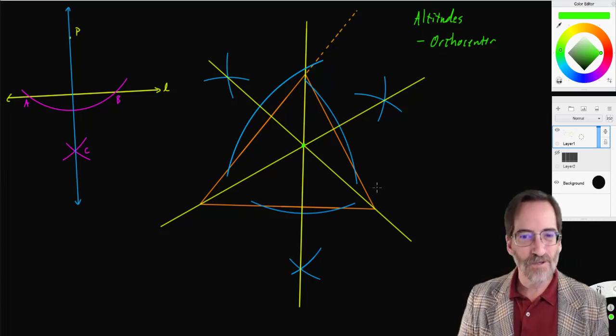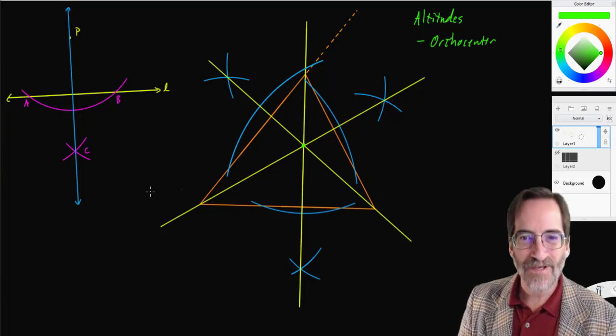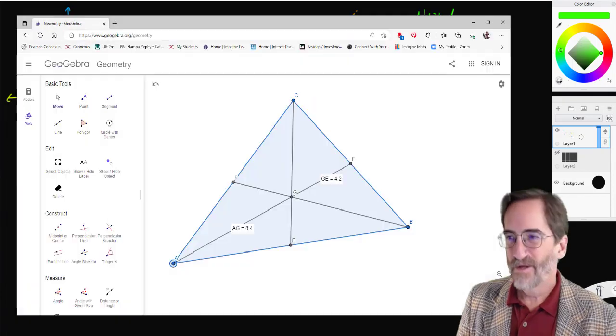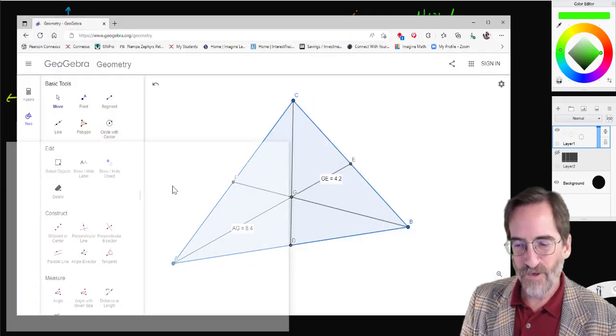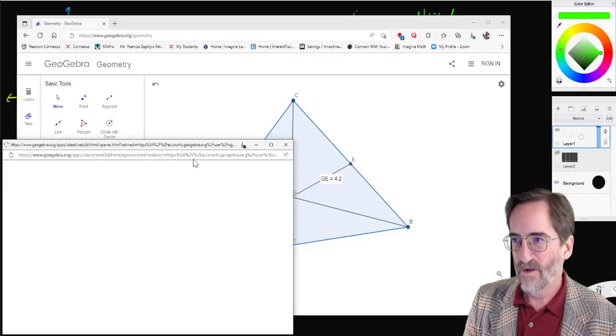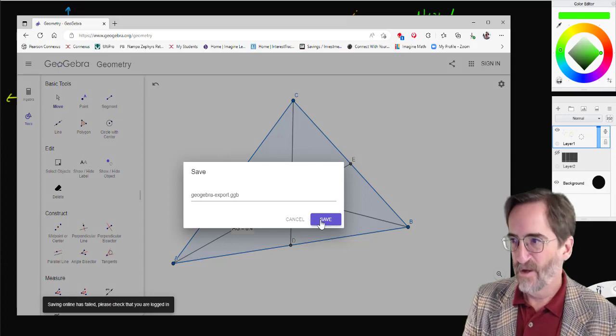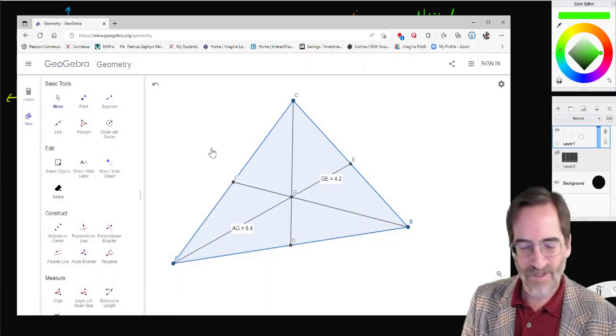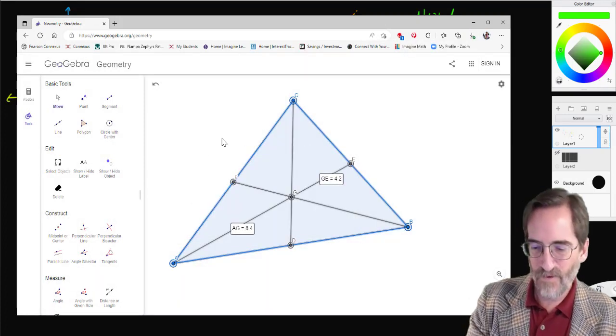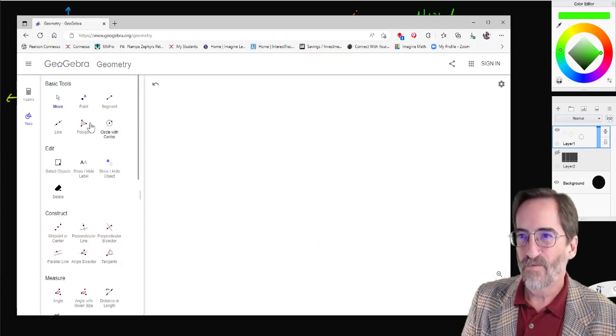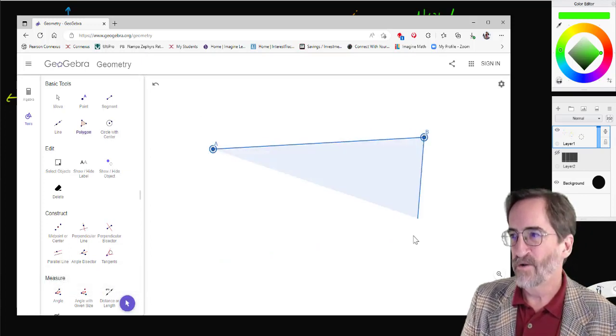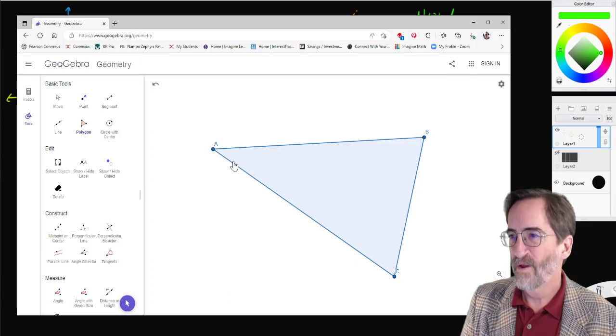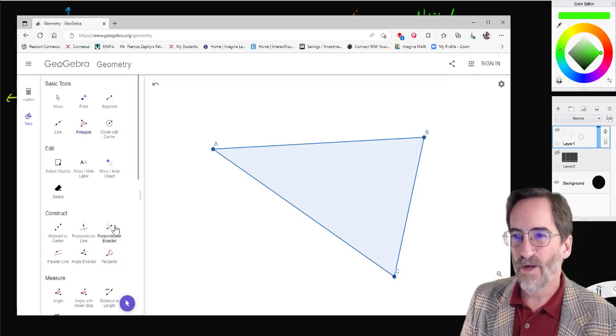Let's go to GeoGebra and take a look at the orthocenter in GeoGebra. Okay, there we go. All right, so you're going to draw a triangle. And for this one, I want the perpendicular to a line.